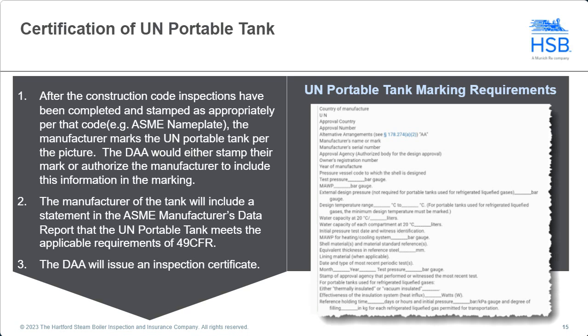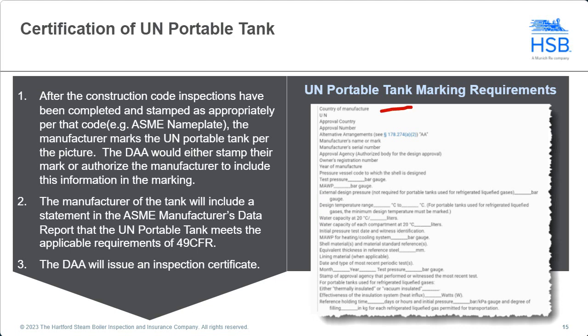So you'll have two reports and two nameplates. You'll have a U-1A, and you'll have an inspection certificate that the designated approval agency will issue. And you'll also have two nameplates, an ASME nameplate and a UN portable tank nameplate, which you'll see in the picture on the right.